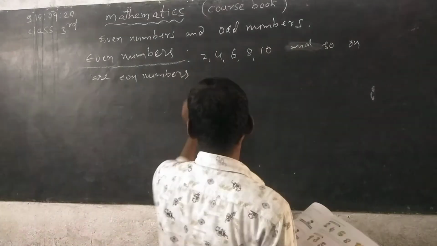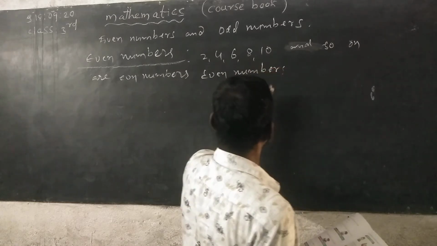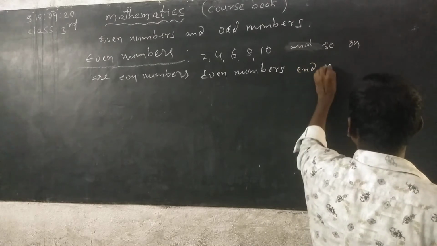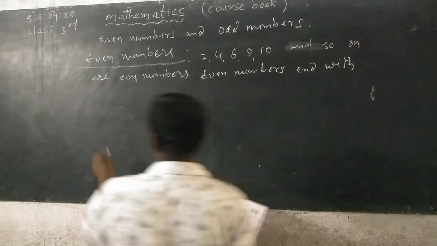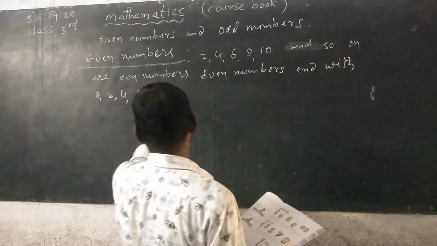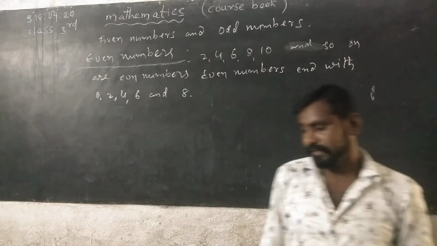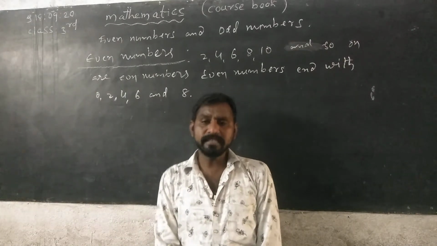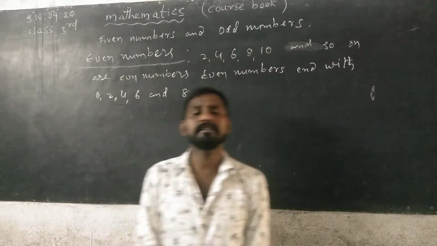But even numbers end with, means at one's place, end with 0, 2, 4, 6 and 8. The numbers that end with 0, 2, 4, 6 and 8 are called even numbers.